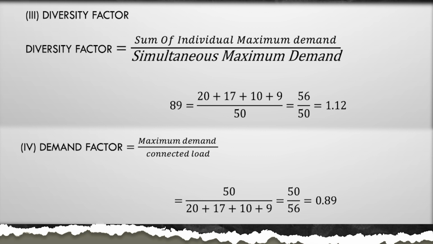So the connected load is the summation of the given maximum demands, 20 plus 17 plus 10 plus 9, so 50 by 56. The answer is 0.89. This demand factor also has no units because it is the ratio of maximum demand to connected load: megawatt in the numerator and megawatt in the denominator get cancelled.